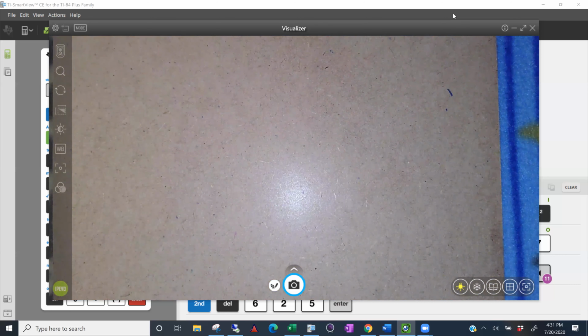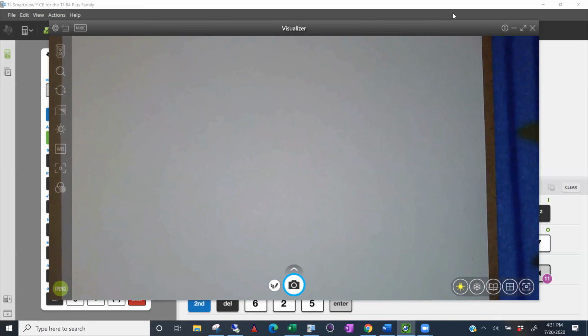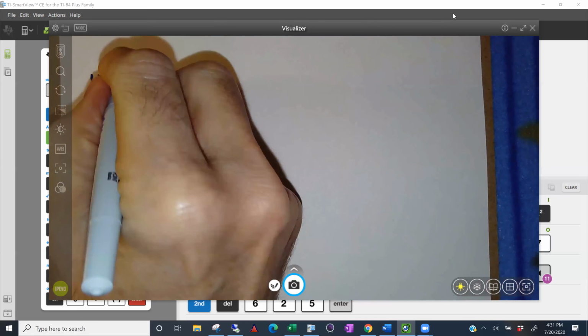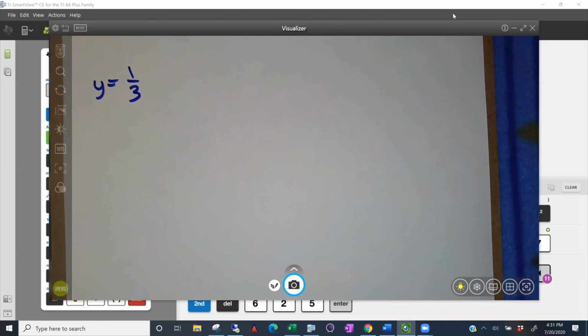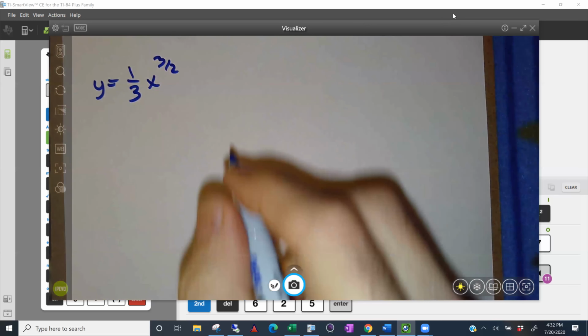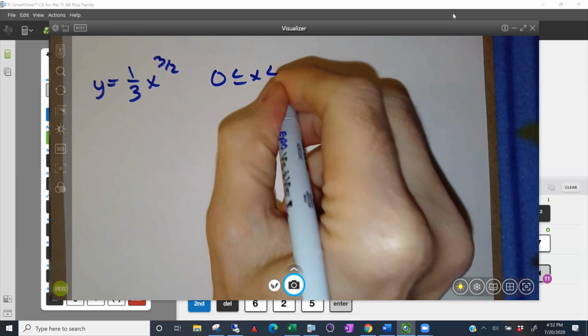Let's do another one. Y equals 1/3 x to the 3 halves, and that's 0 less than or equal to x less than or equal to 12.